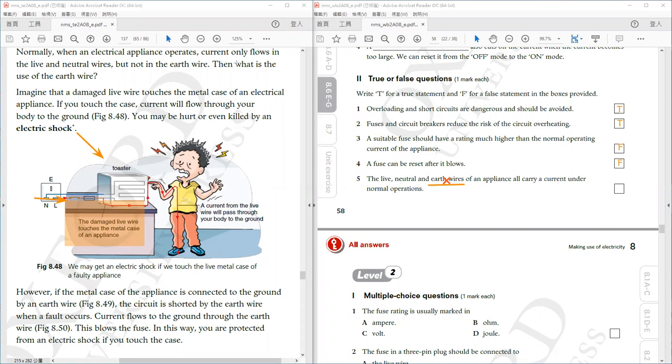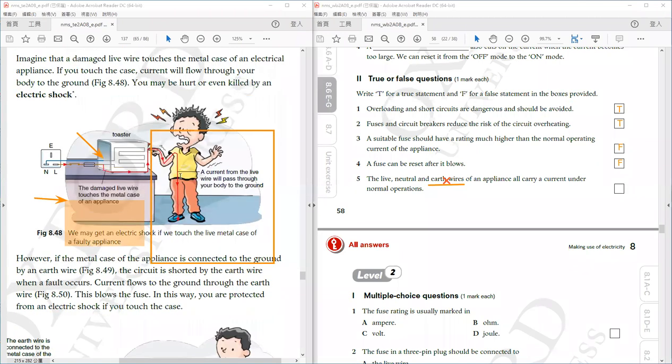Therefore, we want to prevent such kind of electric shock with the current passing through our body. This is very dangerous. How do we prevent this accident?